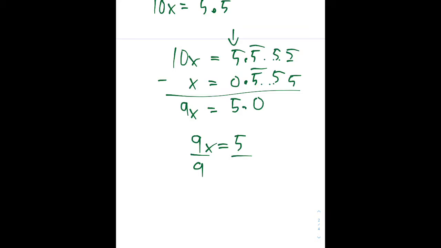So x times 9, we can divide by 9 so that we can cancel out to just get x. And we're allowed to do that as long as we do the same thing on the other side. So we can say x is equal to 5 over 9. In that way, we can see why we get the 5 over 9.